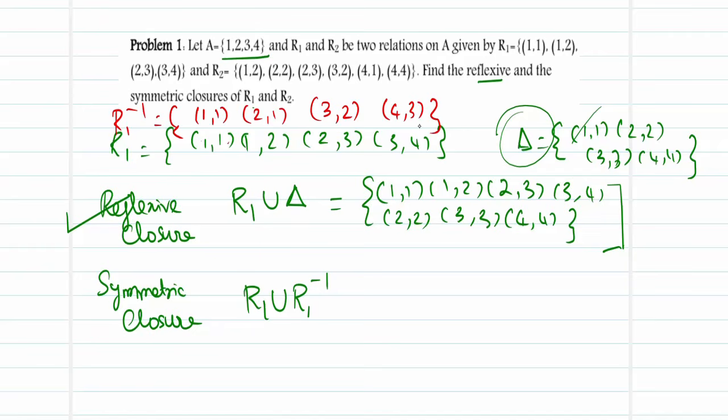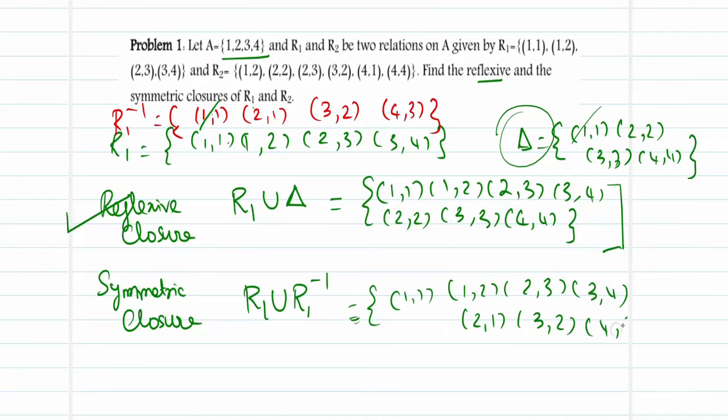So I have my R1 and my R1 inverse. When I take the union of them, I have (1,1), (1,2), (2,3), (3,4), and now include these elements. (1,1) is already there, so ignore. You include (2,1), (3,2) and (4,3). Now we notice that all the elements here have their inverse also included. Hence this new relation is called the symmetric closure.